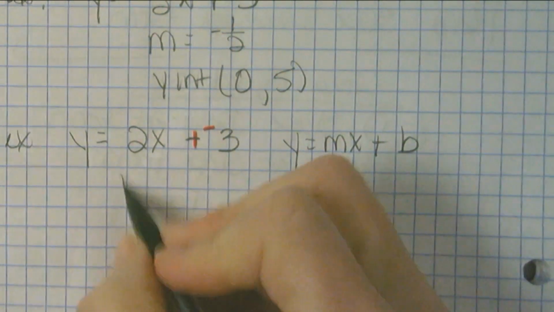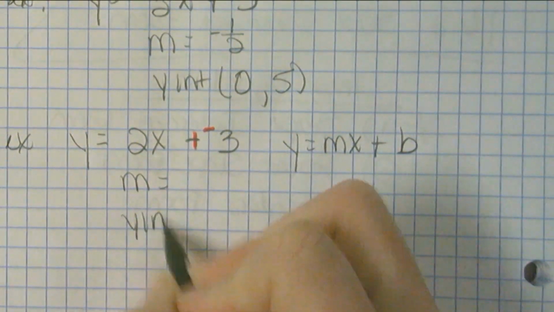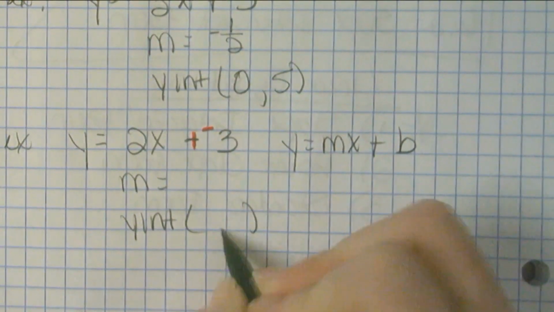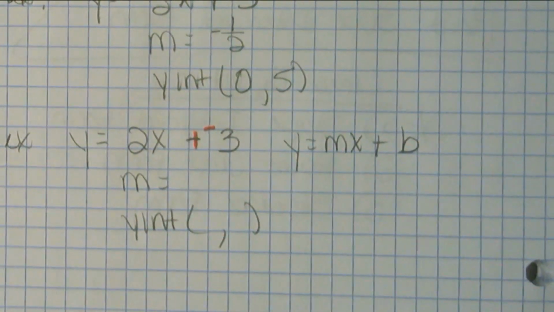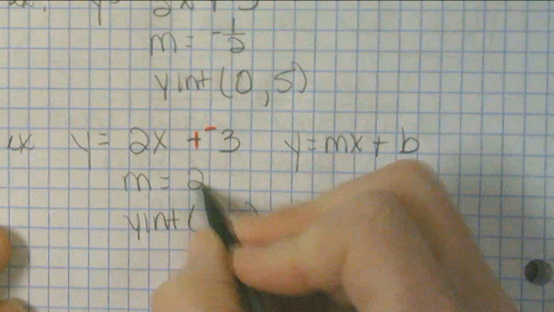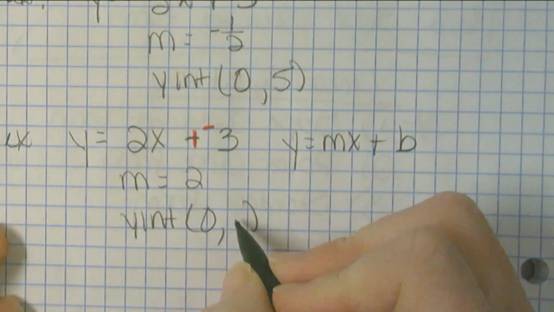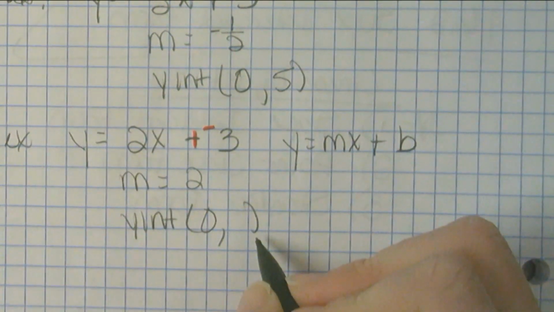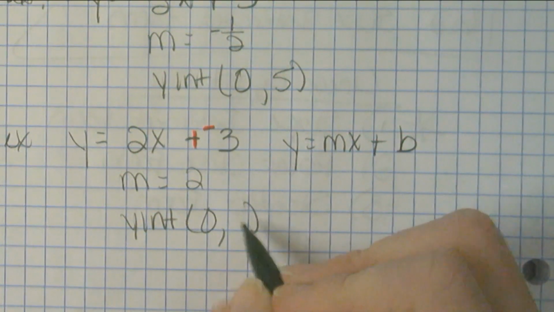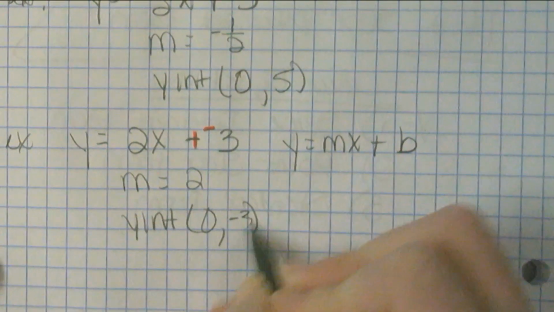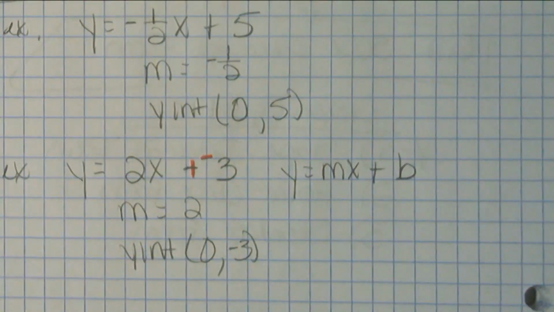What is my y-intercept? So someone tell me, what's my slope? What's my y-intercept? Melissa? Not just negative 3. Remember, it's a whole coordinate point. Excellent. 0, negative 3. How many of you guys are cool identifying these?